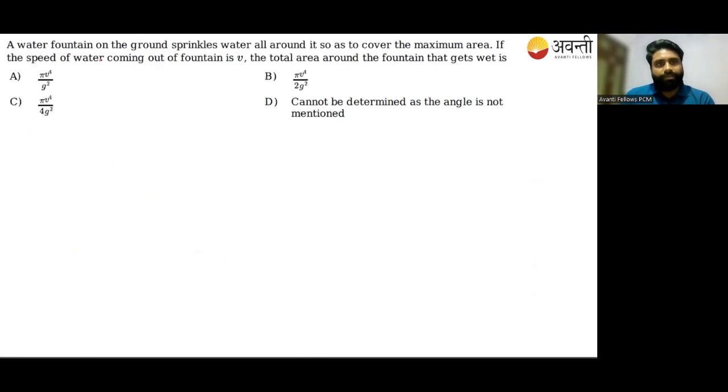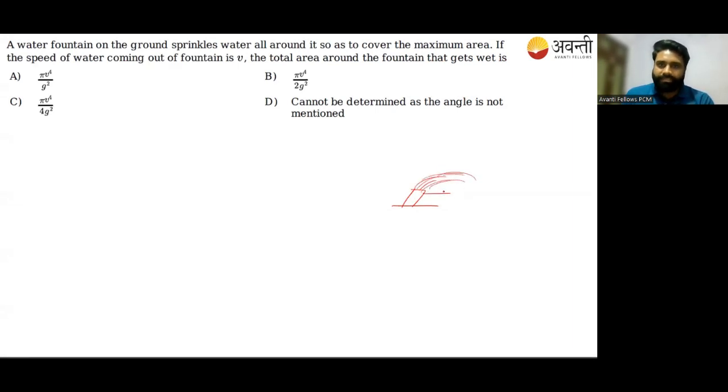Now, a water fountain on the ground sprinkles water all around it so as to cover the maximum area. If the speed of the water coming out of the fountain is v, find the total area around the fountain that gets wet. Here you have the fountain which sprinkles the water.